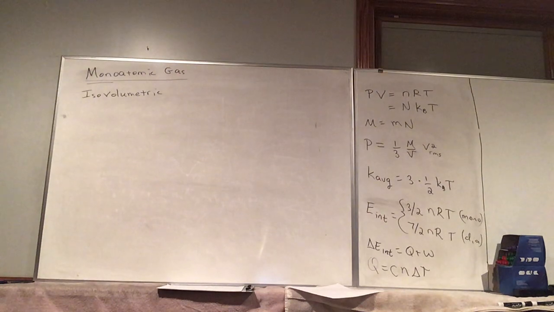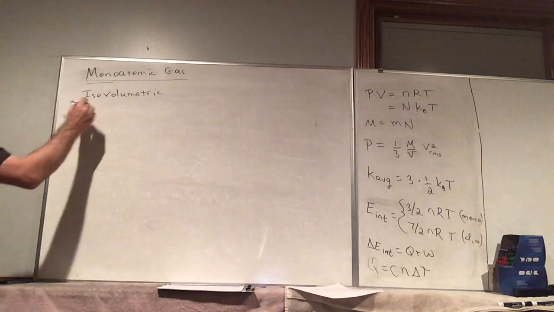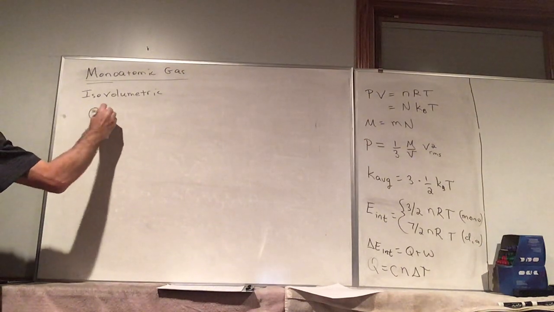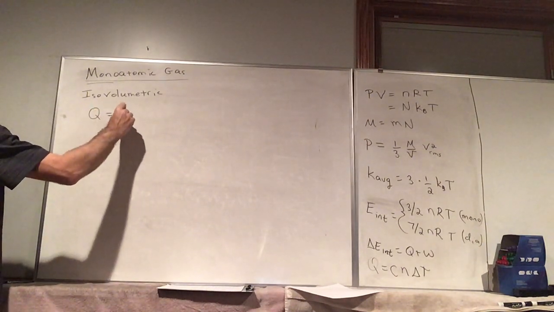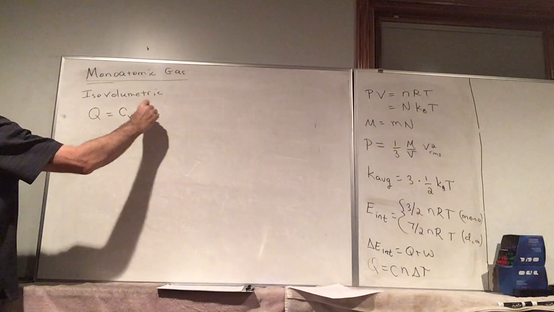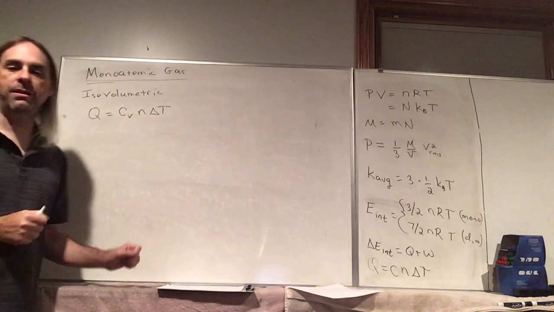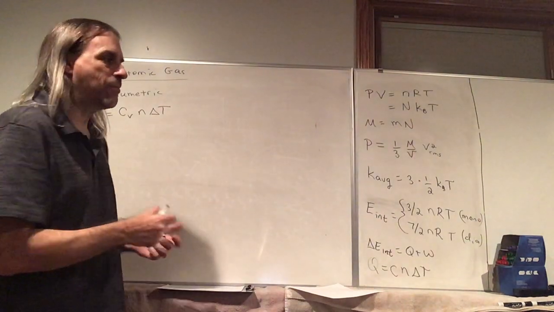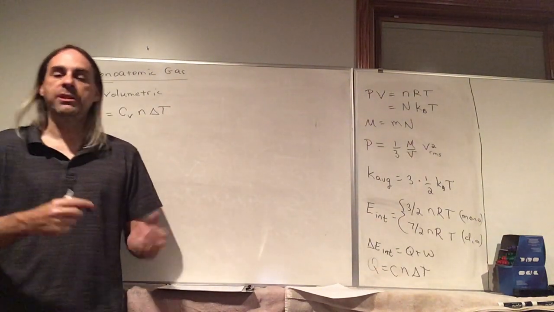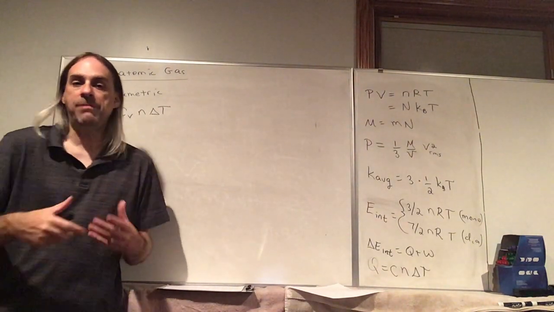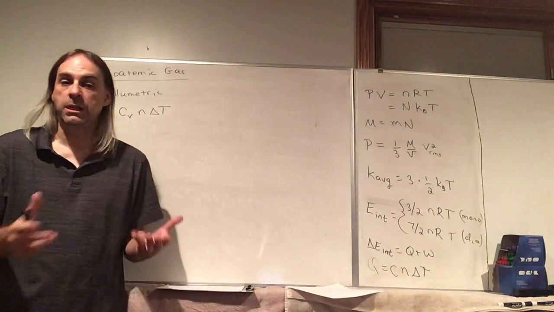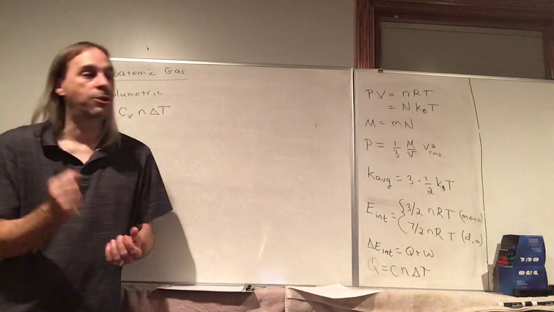Okay, and to signify we're talking about this process, we're going to say Q equals... C is the specific heat of the gas, but remember, we can't really just say a gas has a specific heat because it depends on what the gas is doing while you're adding heat to it.